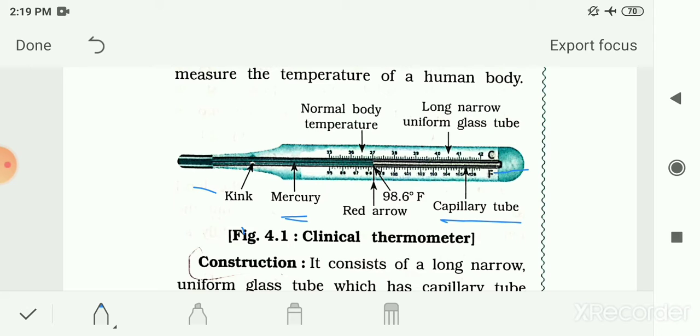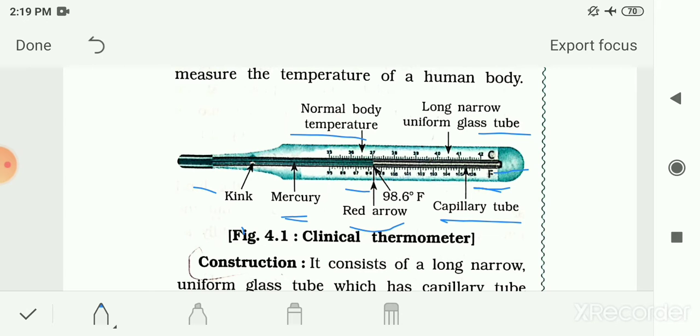Then here the normal body temperature is also shown to you, that is 37 degrees Celsius, and below it the degree Fahrenheit scale is also shown, which represents 98.6 degrees Fahrenheit, which is the normal human body temperature, and it is shown by the red arrow. And here you can see a long narrow uniform glass tube, in which the capillary tube is there and mercury is present in this capillary tube.